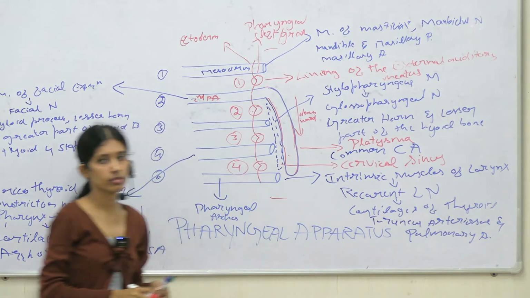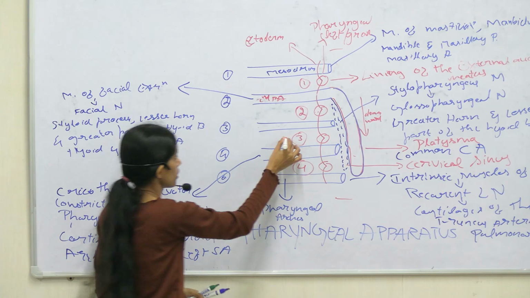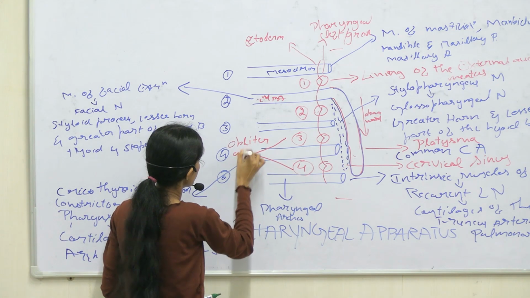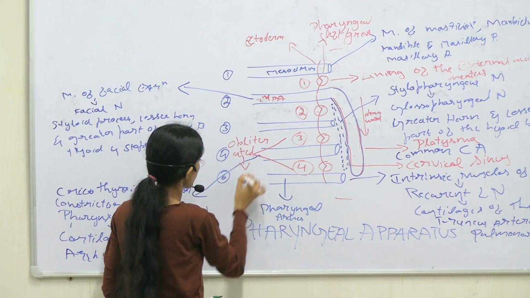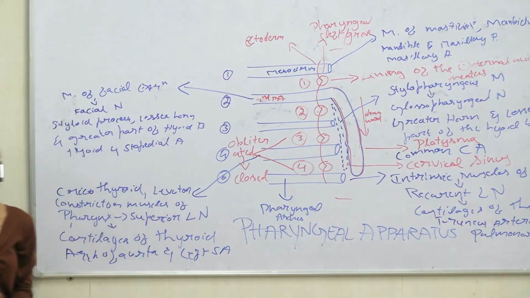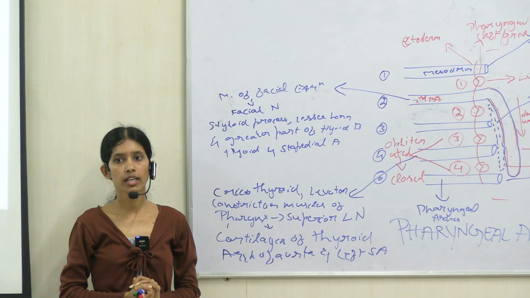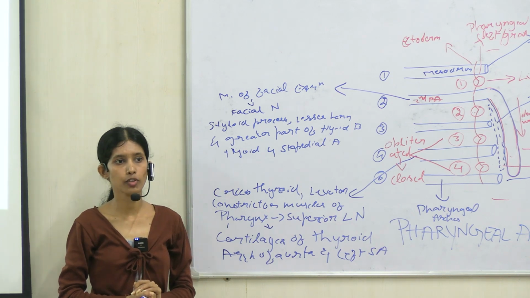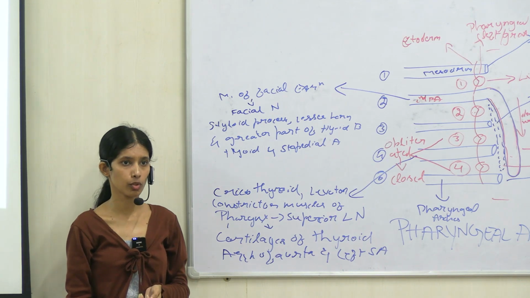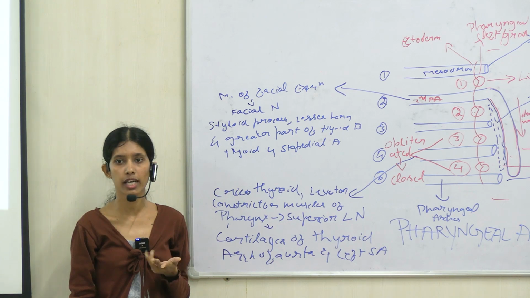As a result, the third and fourth pharyngeal clefts will obliterate, that means close. So the pharyngeal cleft is the outer lining of your pharyngeal apparatus, which is also known as the pharyngeal groove. They are 4 in number. We name them first, second, third and fourth.